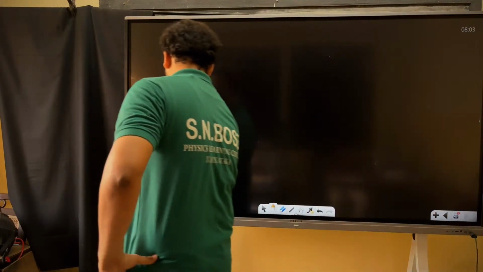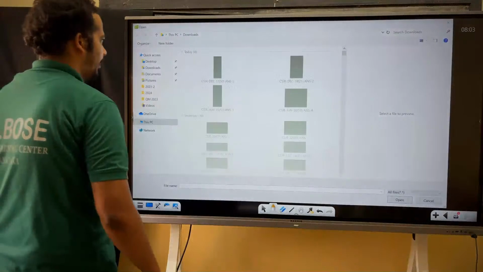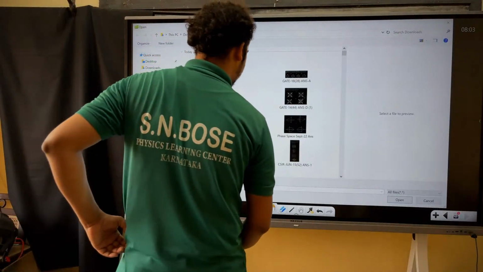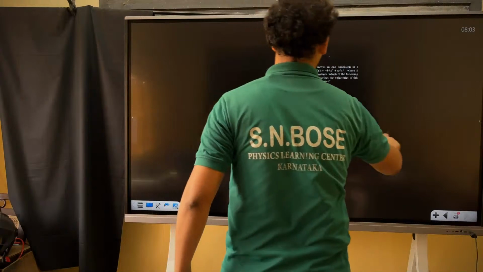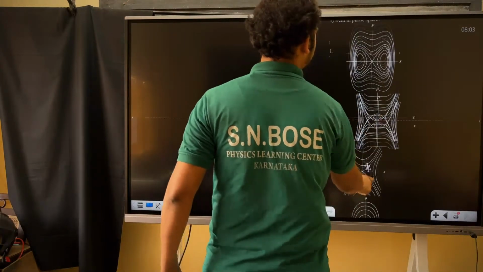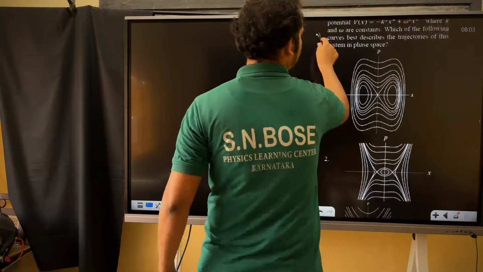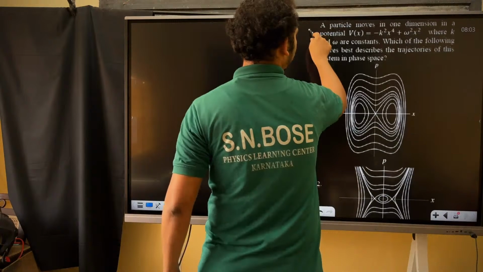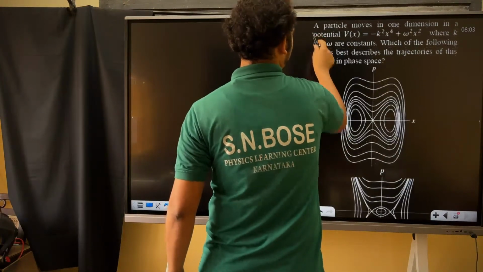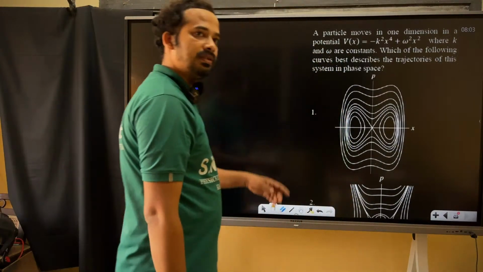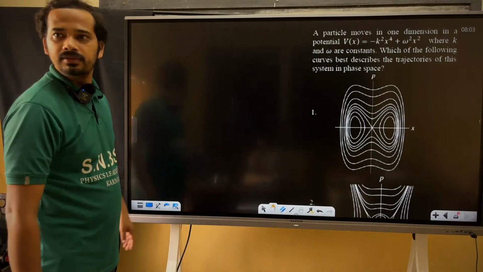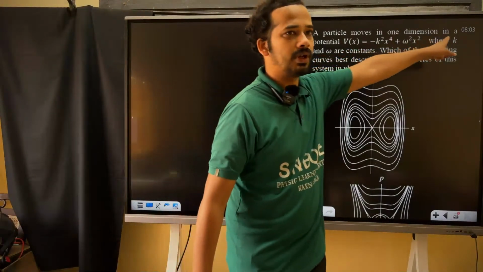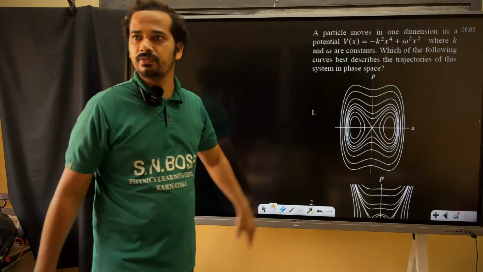Like that. There is one more problem. Again, I'm not going to solve it because this is the same as earlier. What is the main difference? Can you see? Minus k square x raised to 4 plus omega square x square. It is a negative sign on the function that we took earlier, isn't it? We had a negative sign on the x square part and a positive sign on the x raised to 4 part.